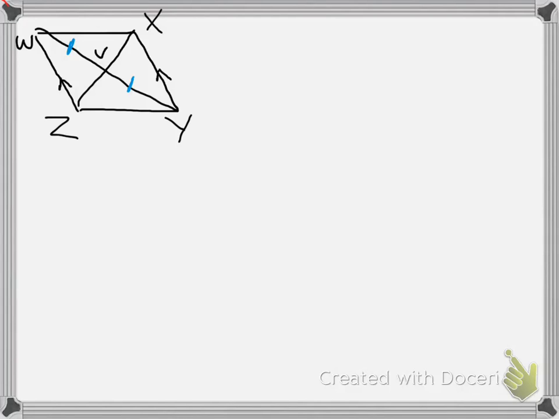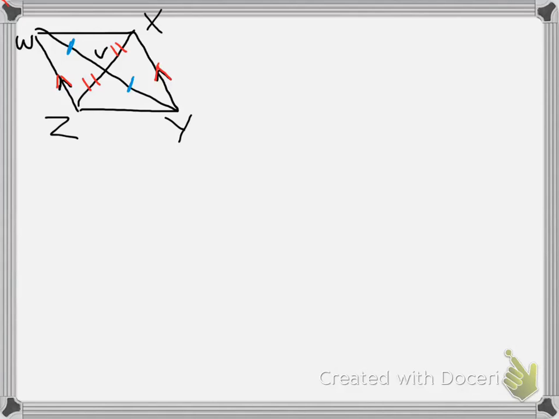That means in red I'm going to mark what we know. We know that this piece is the same as that piece. Okay? We also know, and I'll put this in red as well, that XY is parallel to WZ. Okay, so those are things we know, and I'm going to write those down right away.